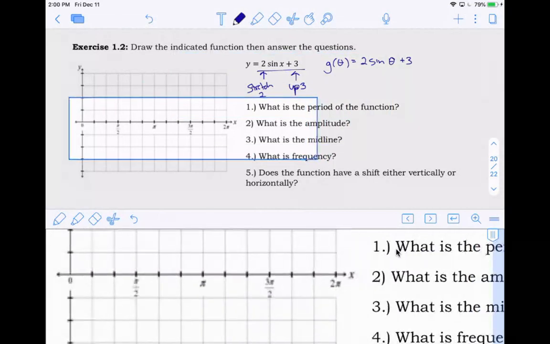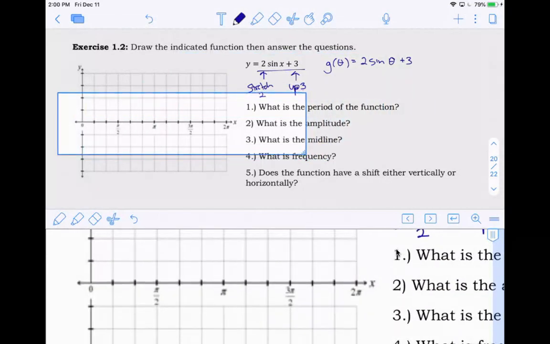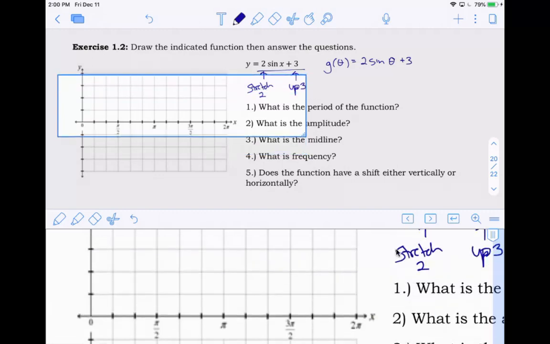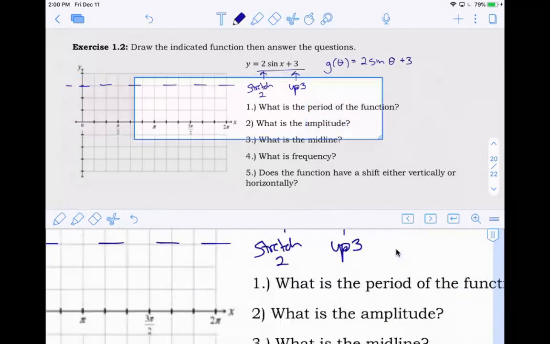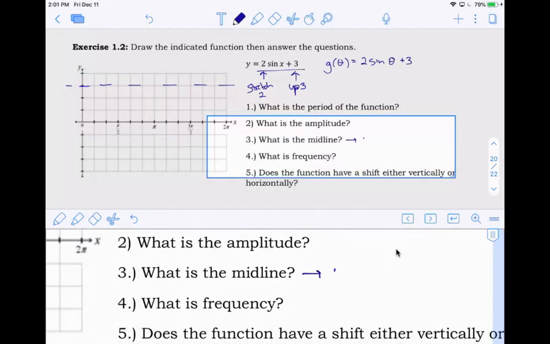Okay, so let's start with that sine function there. Instead of being around 0 now, the whole thing is going to move up 3. So I'm going to have it be around 3. Wait a minute. What was that called? Oh yeah, that was called the midline. So the midline in this case has now been shifted to y equals 3. Okay, cool.